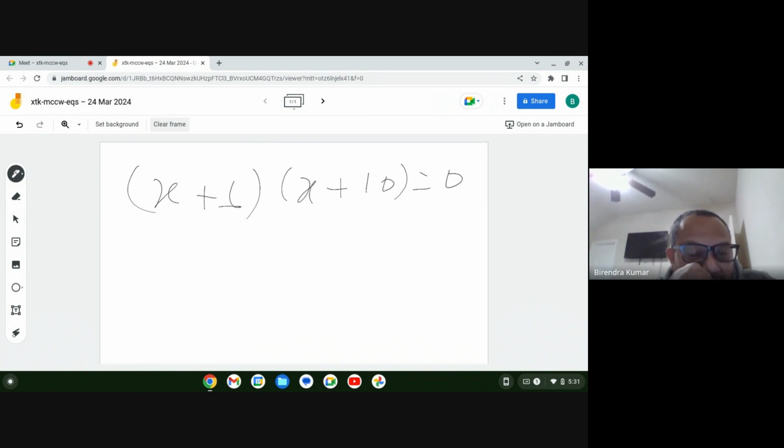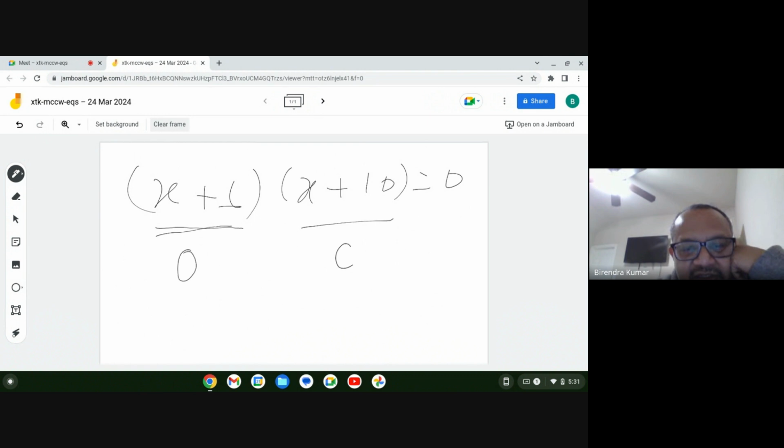So the question was, in the equation x squared plus 16x plus 60 equals 0, find the possible values of x. We were trying to solve that equation. Now, something into something equals 0 means either this is 0 or this is 0.